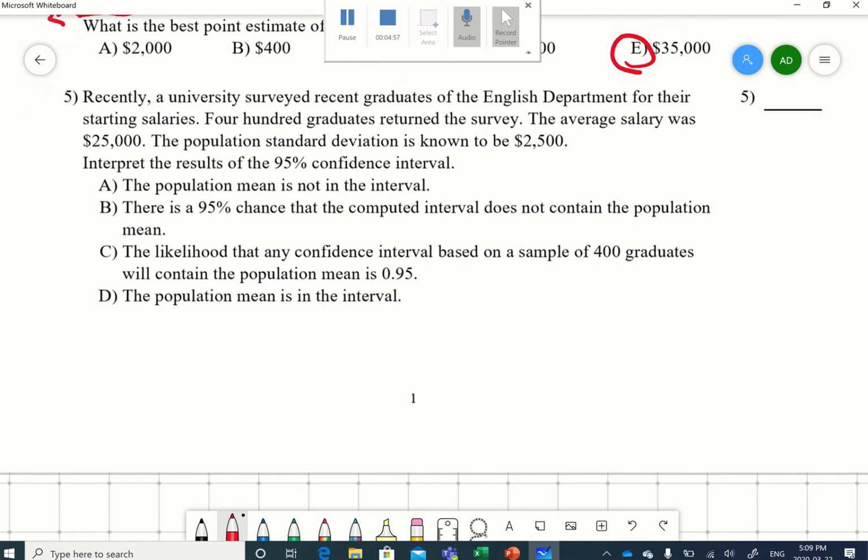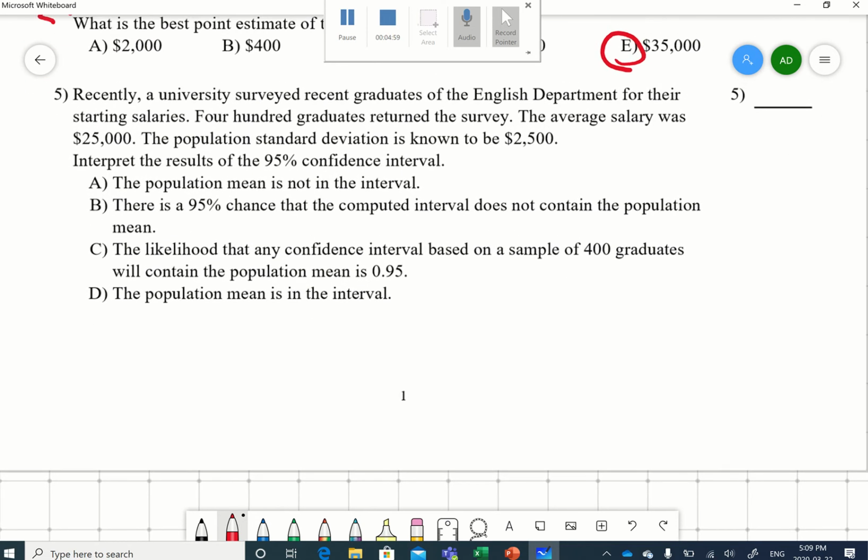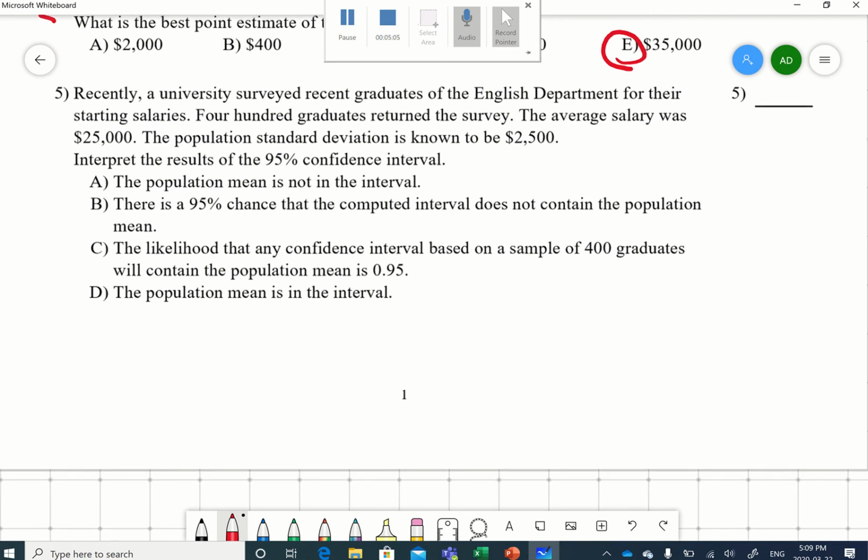Recently, a university surveyed graduates of the English department for their starting salary. It's the same information. Interpret the result of the 95% confidence interval. What does it mean by 95% confidence? That's what this question is about.